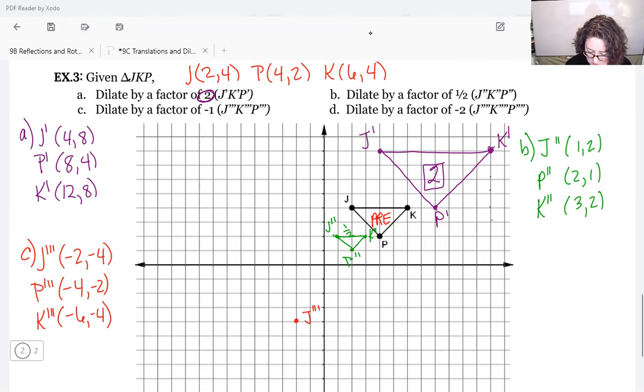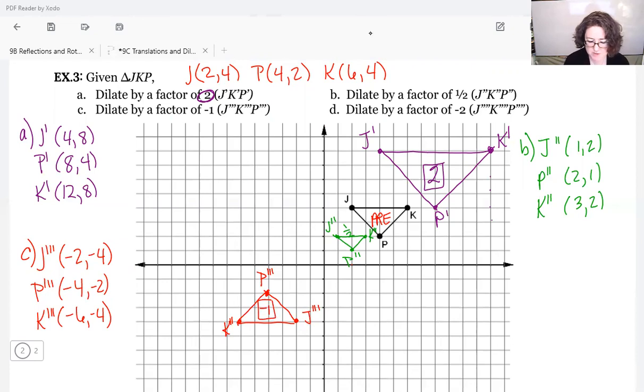Okay, -4, -2. There's our P triple prime. K is at -6, -4. K triple prime. There we go. Completely flipped around directly across the origin. So that's our -1 factor.